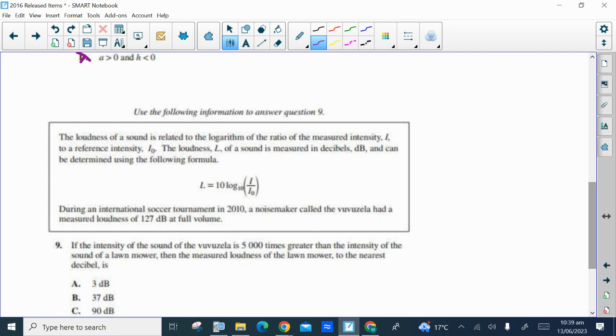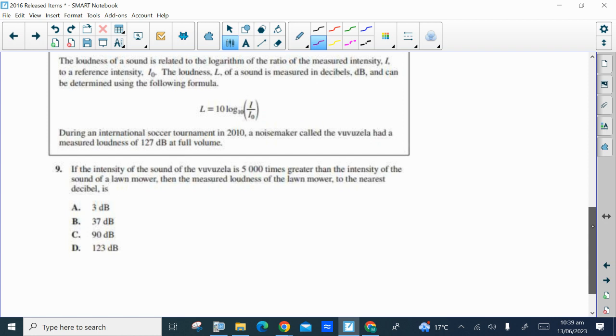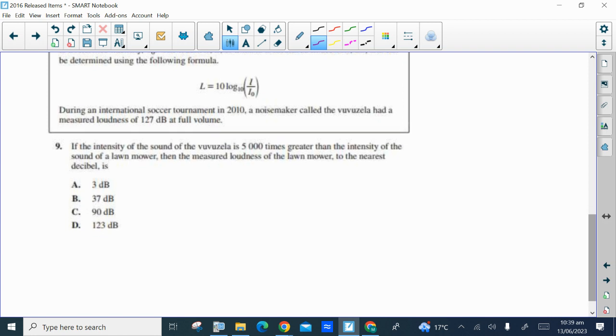So we did questions like this, and it talks about the fact that the intensity of the sound of the vuvuzela is 5,000 times greater. That means that if you take one sound level and divide by the other, the answer will be 5,000, because it's 5,000 times greater.